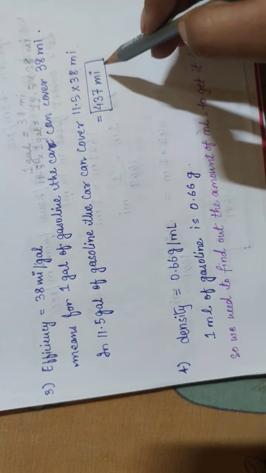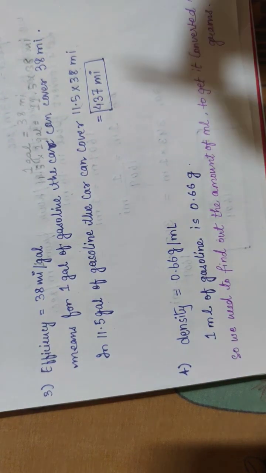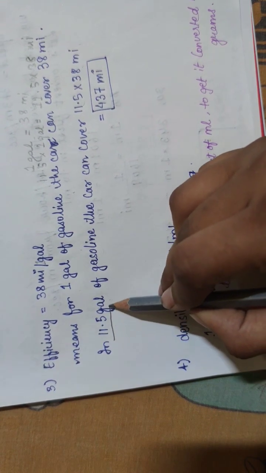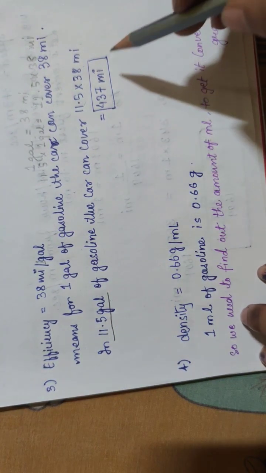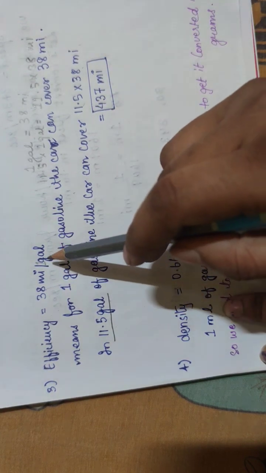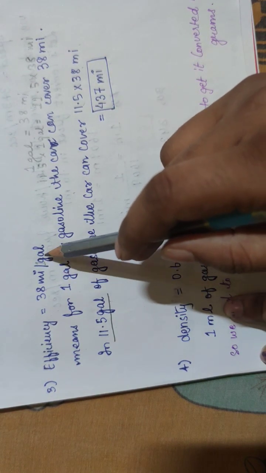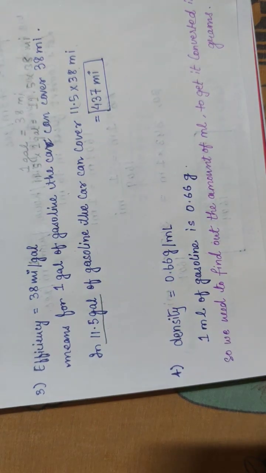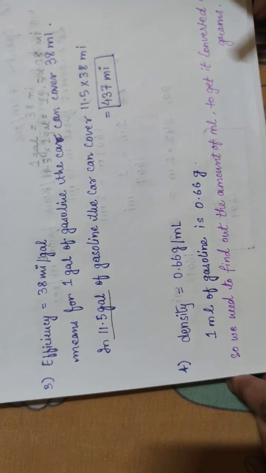You will get the answer as 437 miles from the calculator. So in 11.5 gallons the car can run 437 miles, given that the car consumes 1 gallon to cover 38 miles. Okay, just word problems. I hope you understand.